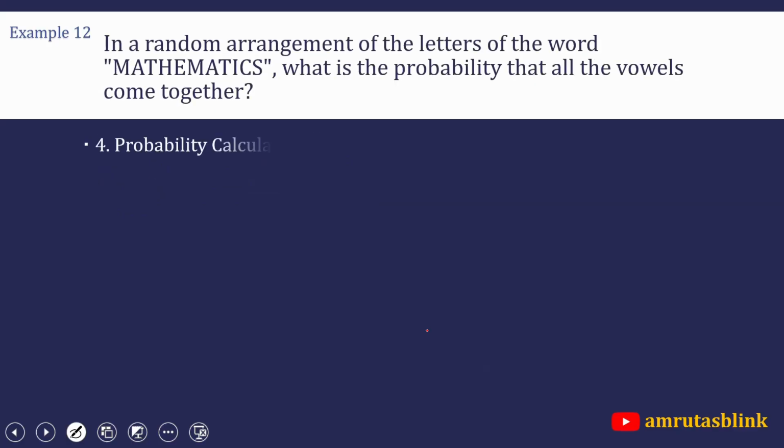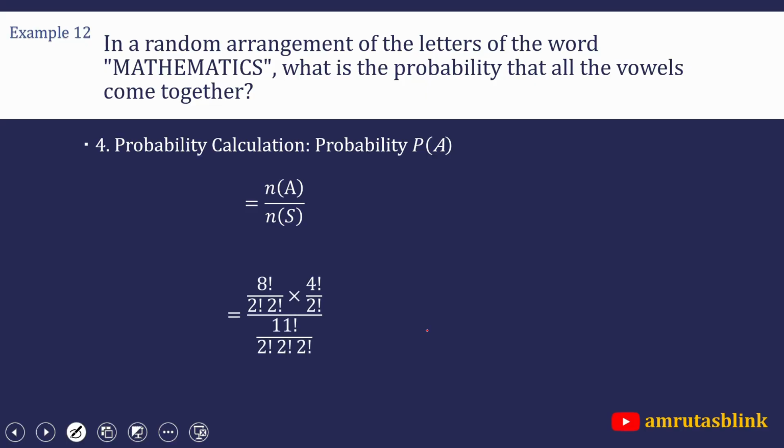And now we have to calculate the probability. How to calculate probability? That is n of A upon n of S. So 8 factorial upon 2 factorial 2 factorial into 4 factorial upon 2 factorial, whole divided by 11 factorial upon 2 factorial 2 factorial 2 factorial. So let's simplify this.